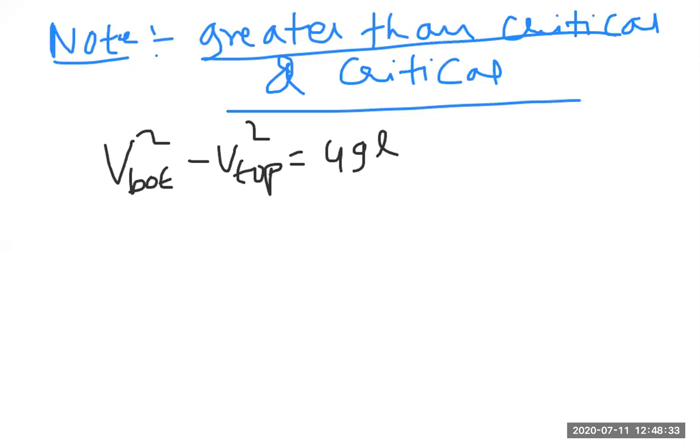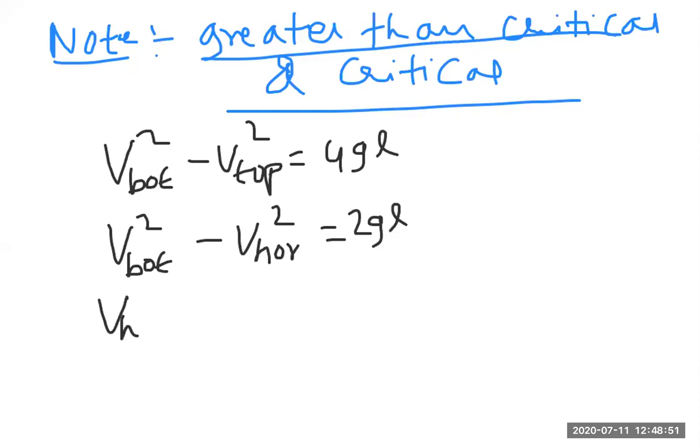Even for greater than critical, the same conditions apply. V bottom square minus V horizontal square: root 5 GL and root 3 GL give 5 GL minus 3 GL, which is 2 GL.